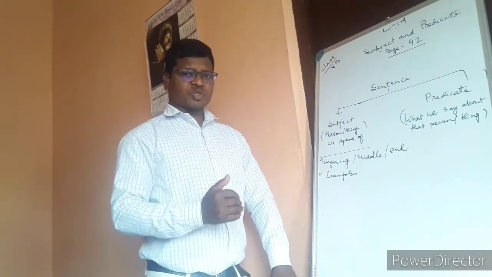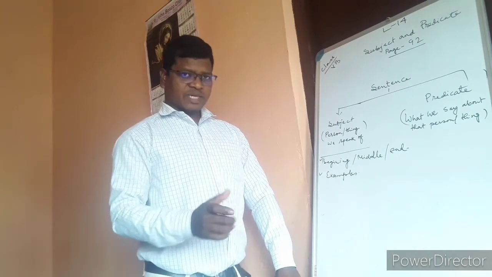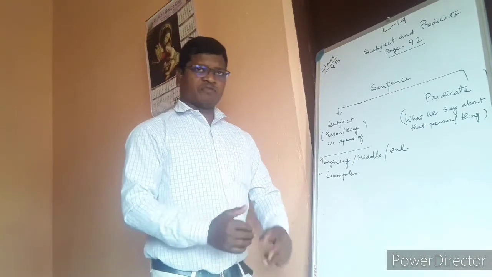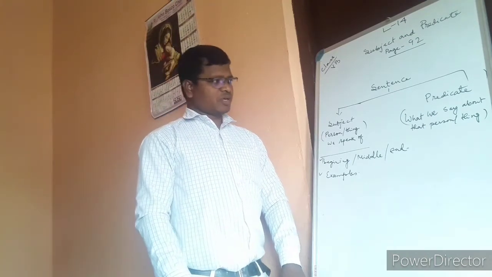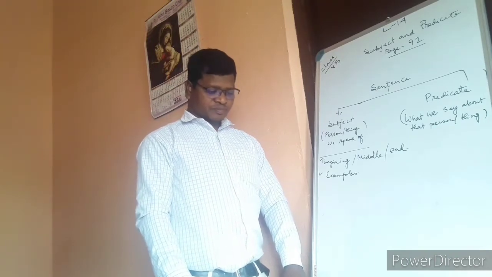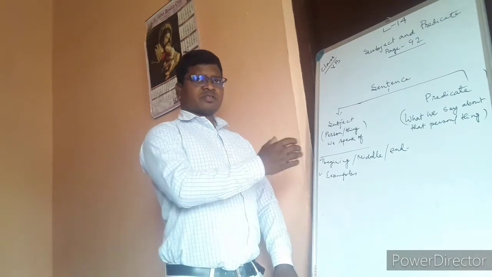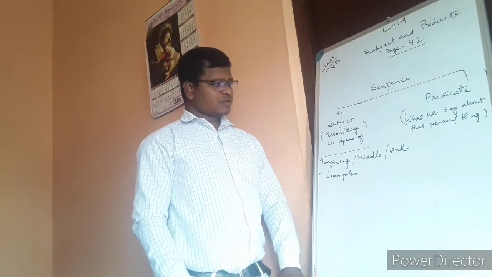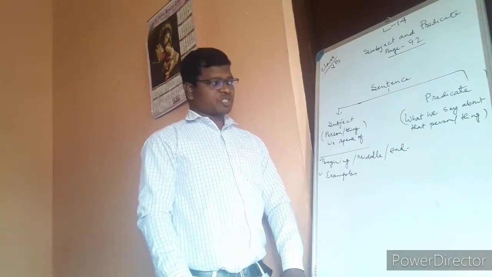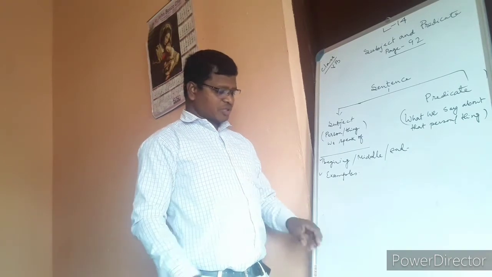So what are we going to talk about the subject? Are we saying something, and if we are saying something, what are we saying? That is what the predicate is. Now we will see it part by part. First we will talk about the subject and then the predicate. So let's see.